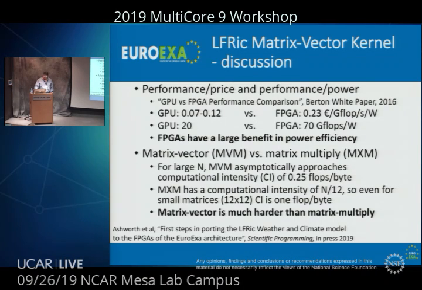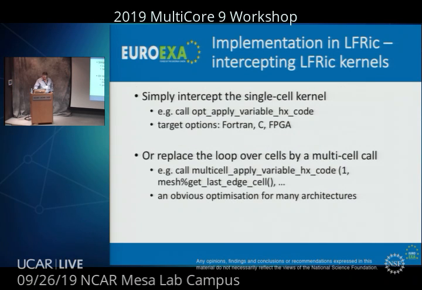It's also worth saying, you'll see a lot of work in the literature about people implementing matrix multiply on FPGAs. Matrix vector is much harder. There's a much lower computational intensity in the matrix vector kernel. Both these issues are discussed in much more detail in a paper that we've just produced that I've cited at the bottom, which is in press in Scientific Programming. That's full of a lot of detail.